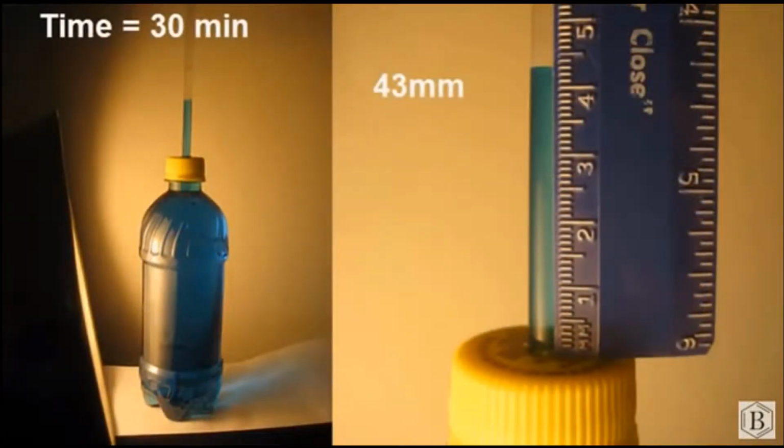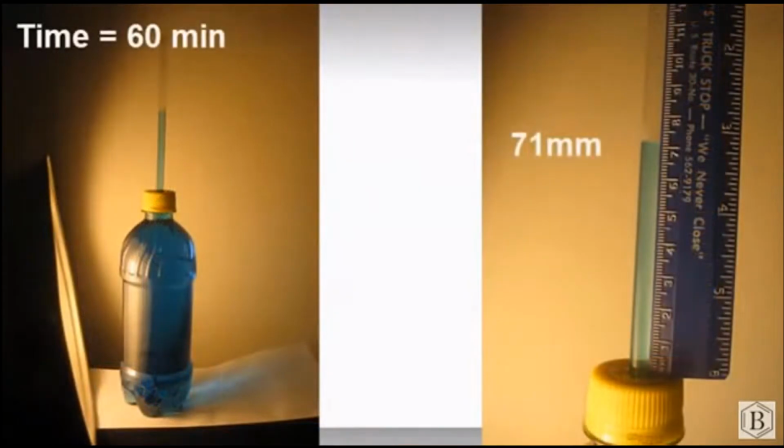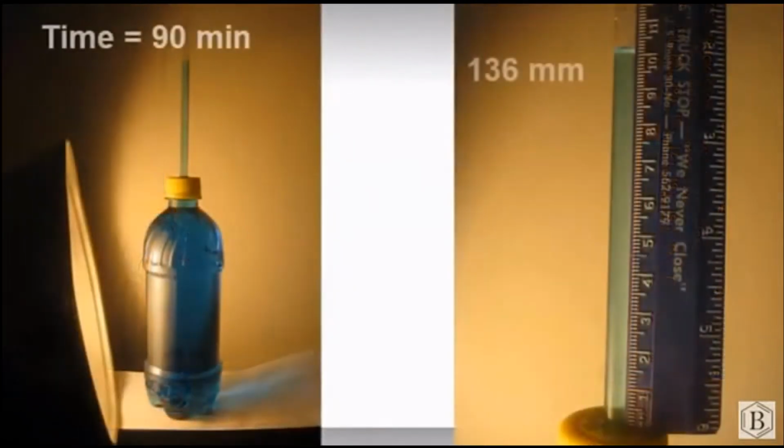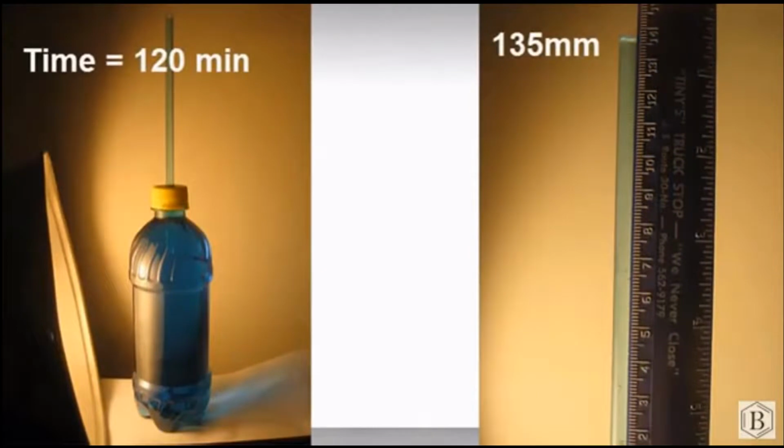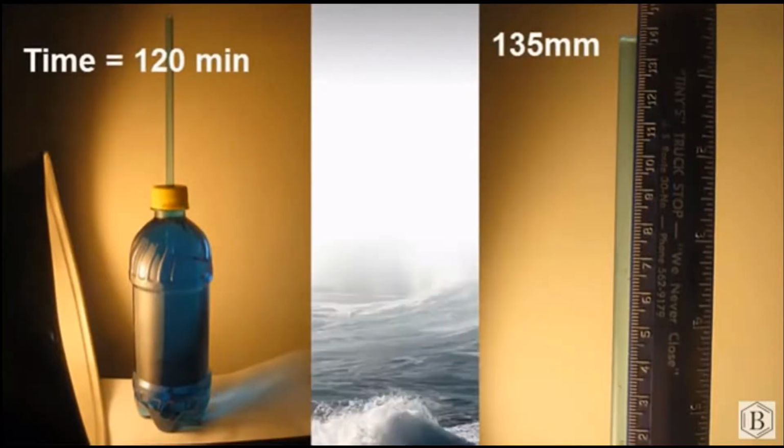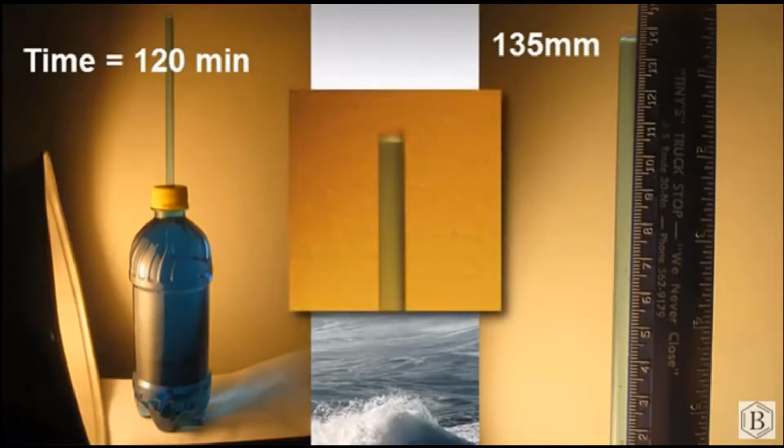At 30 minutes, we go to 43 millimeters, and as that heat continues to make the water warmer, we jump up a half hour to 60 minutes at 71 millimeters, another half hour, we're at 90 minutes, 136 millimeters, and finally we get to the 121-minute mark, that's 2 hours, and the water's almost at the top of the straw, 135 millimeters. So at that point, we have to stop the experiment because the water's going to overflow and we can't continue to measure at that point.